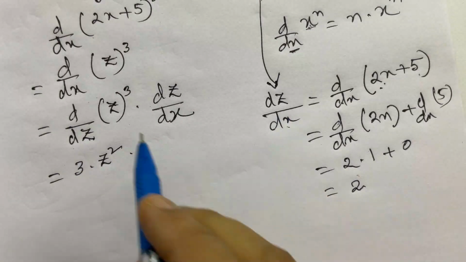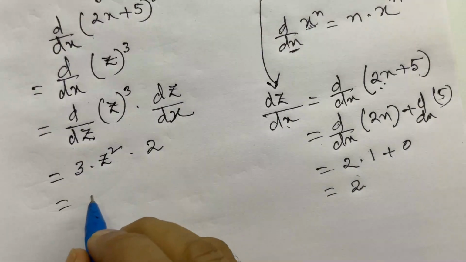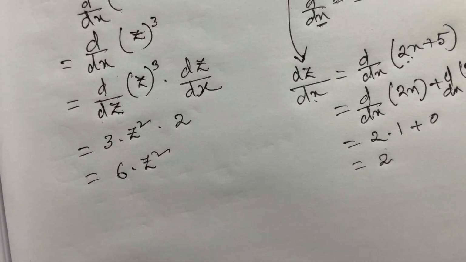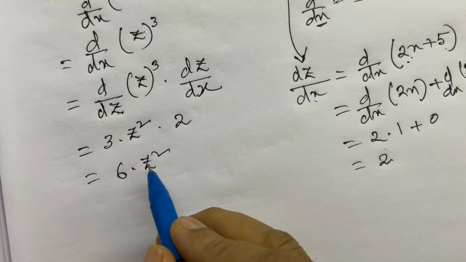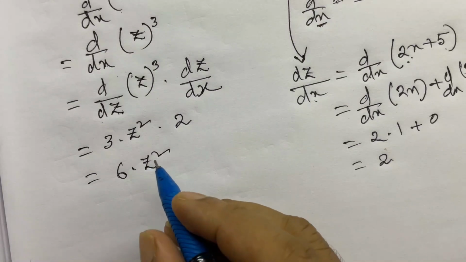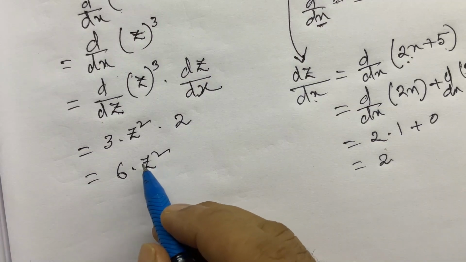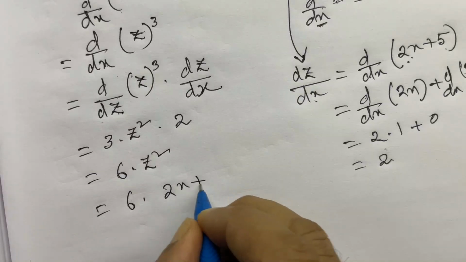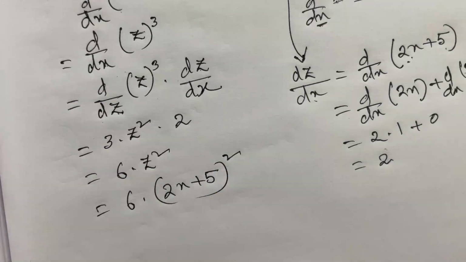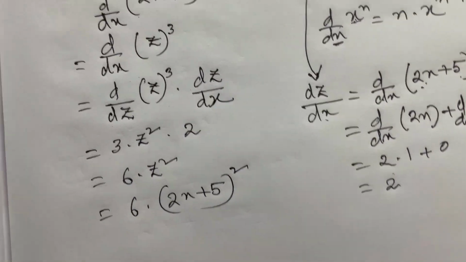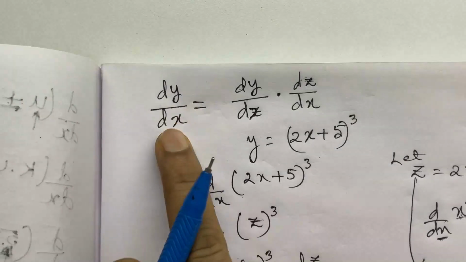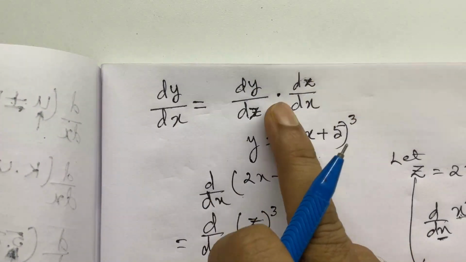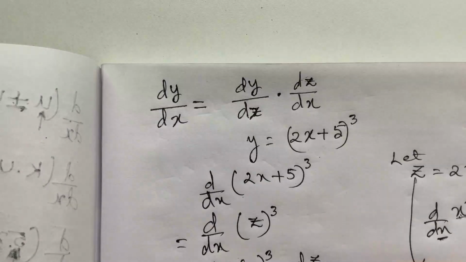So dz by dx is 2. Now the answer is 6z square, and as z was not given, we have to replace it, so 6 times (2x plus 5) squared. Yes, this is the answer. But the discussion started with dy by dx, which can be written as dy by dz into dz by dx, so that we have applied here.